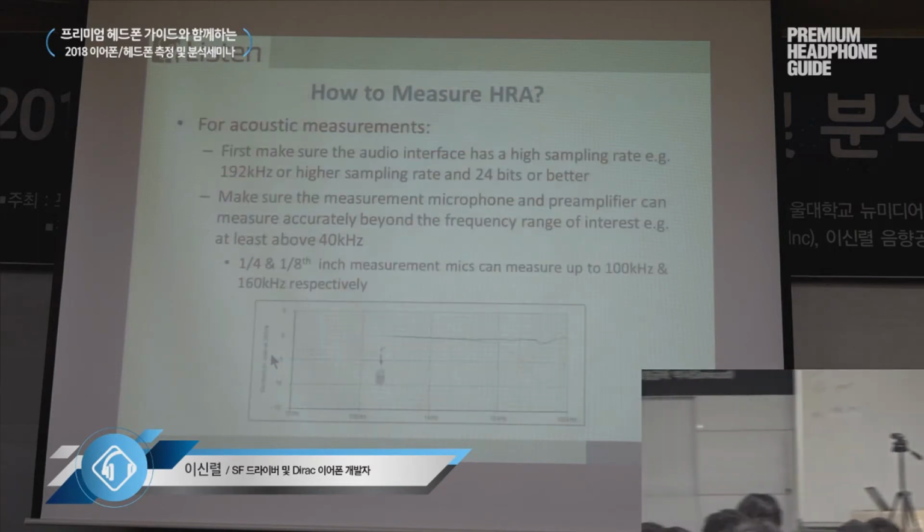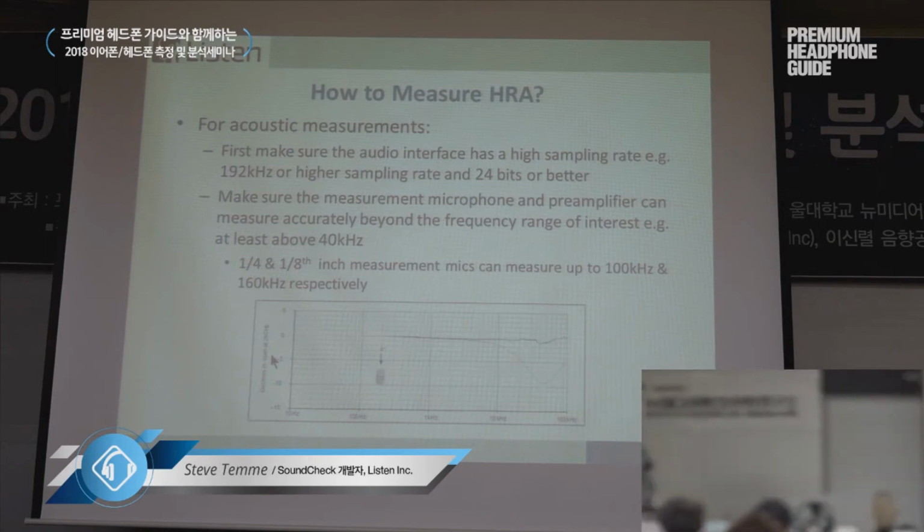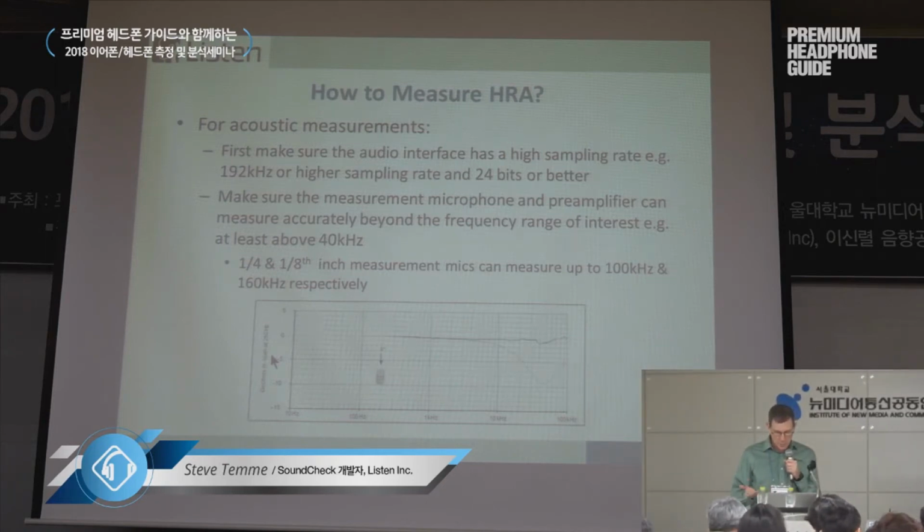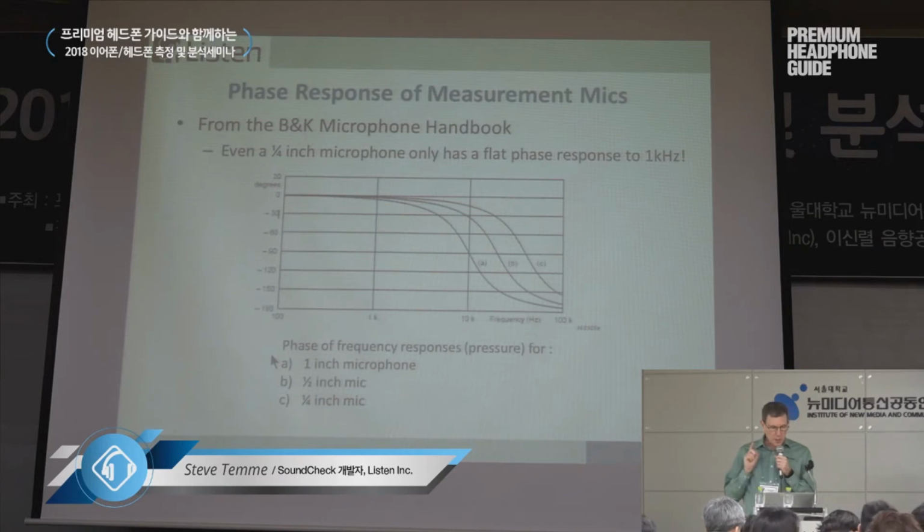Okay. So if I use a 1/4-inch microphone, depending on the microphone, as Peter mentioned, it easily could go up to 70 kilohertz. I'll just skip this real quickly. But even a 1/4-inch microphone, and this is straight out of the B&K measurement microphone handbook, does not have a flat phase response well out to even 20 kilohertz.